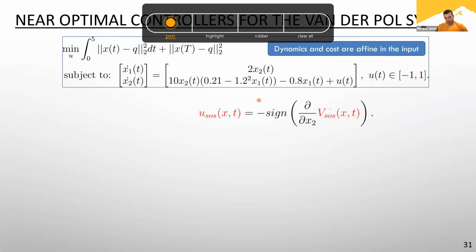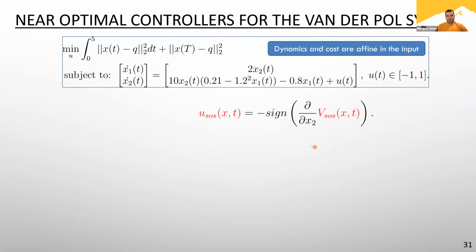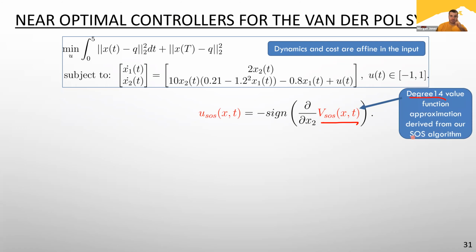According to the equation on the previous slide, the optimal controller takes this form. But instead of substituting V as the true value function, we substitute a degree 14 value function derived from our SOS optimization problem. And then we see how well this function minimizes the cost of this problem and the state dynamics.